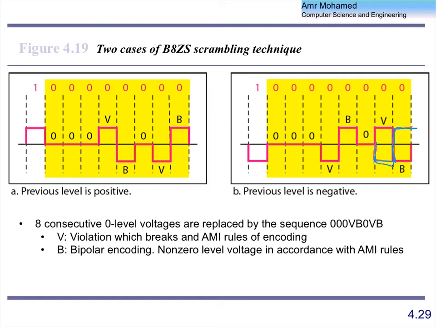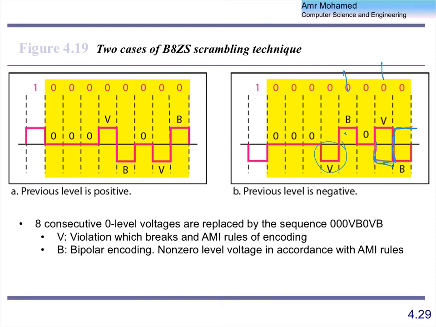So this will tell the receiver what? Well, okay, so since this is negative and this is positive, so this is normal for AMI. Right? So which means that this one is 1 and this one is 1. This is what the receiver will say, and will recognize this as an error. It will get confused. You see what I mean?